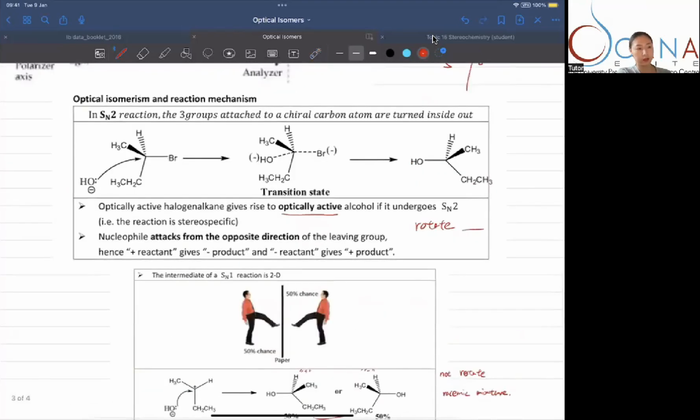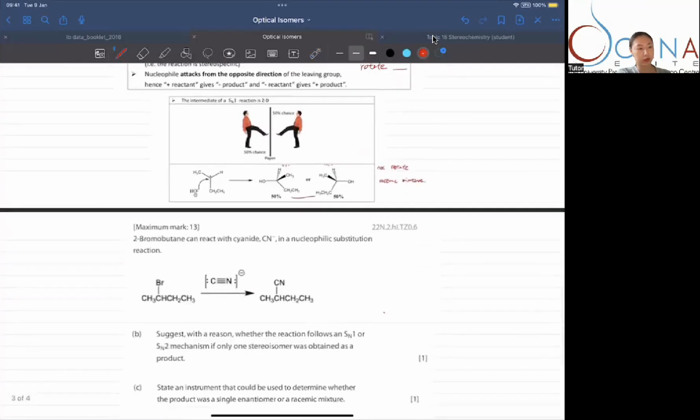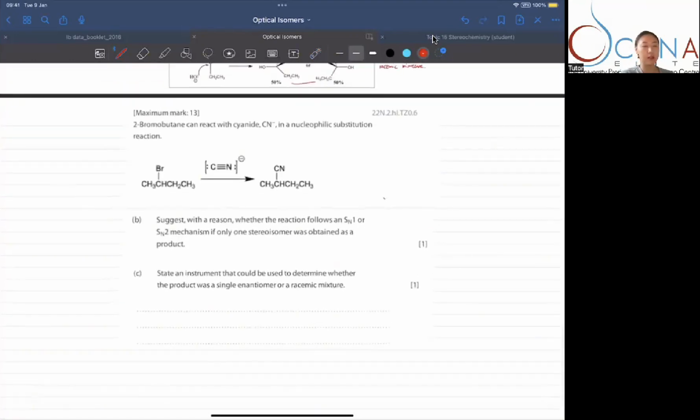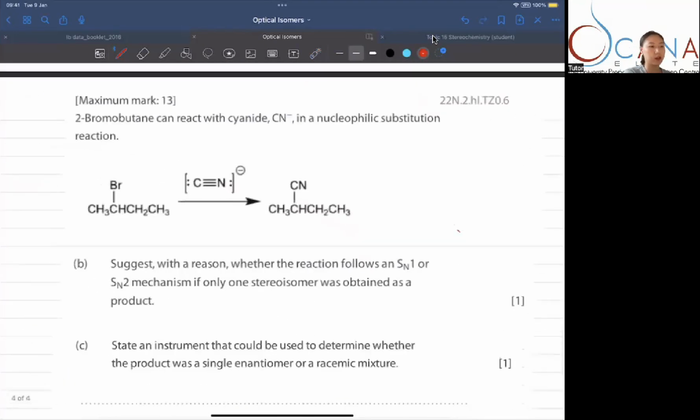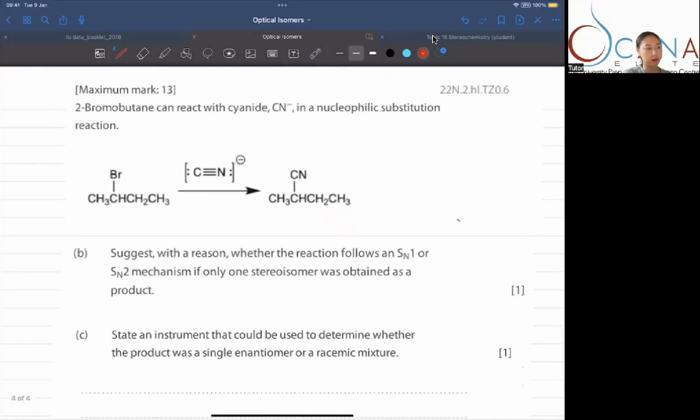All right. Now let's try some real exam questions from a past paper. Here, 2-bromobutane can react with cyanide, which is a nucleophile, in a nucleophilic substitution. Suggest, with a reason, whether the reaction follows an SN1 or SN2 mechanism if only one stereoisomer was obtained as a product.